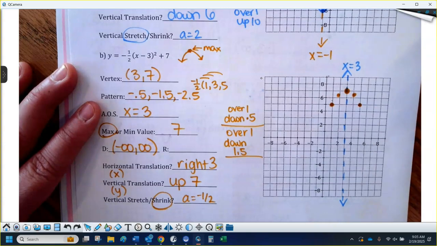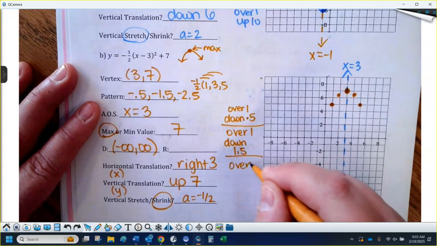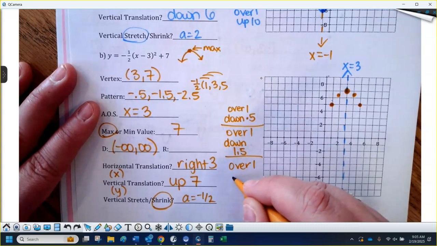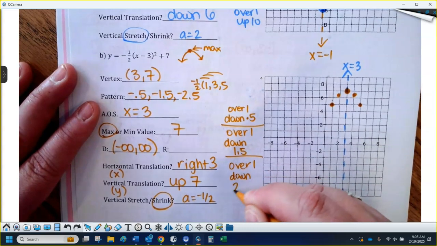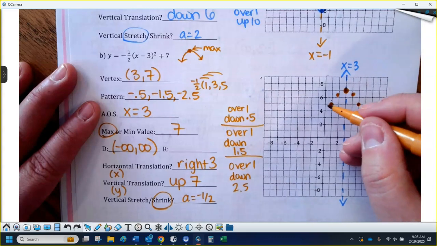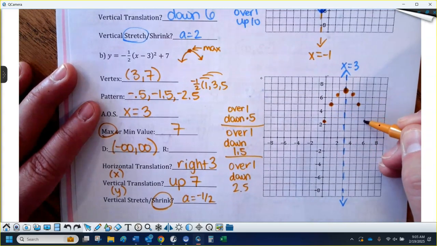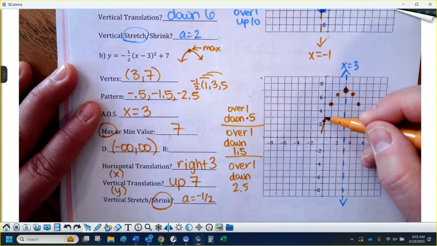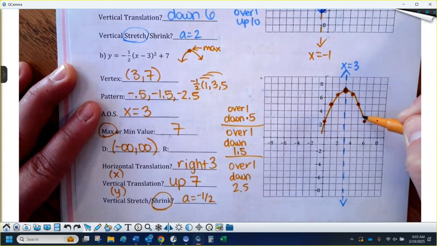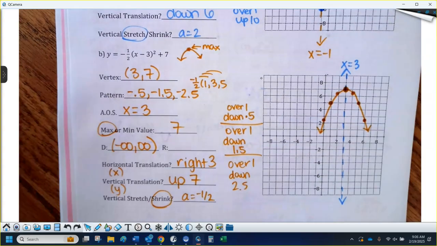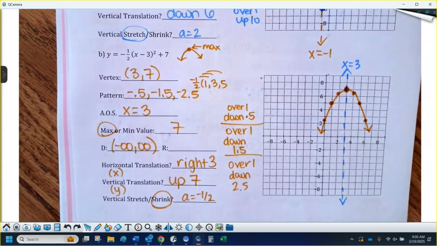That is 5.5. And then you should be able to fit this if you want to. Over 1, and then down 2.5, just to estimate here. Over 1, down 2.5, over 1, down 2.5, and then just doing my best to create that U shape. And you'll see I drew the axis of symmetry on that one, but if I folded the graph on that line, the two sides, if I had drawn it perfectly, should match up.